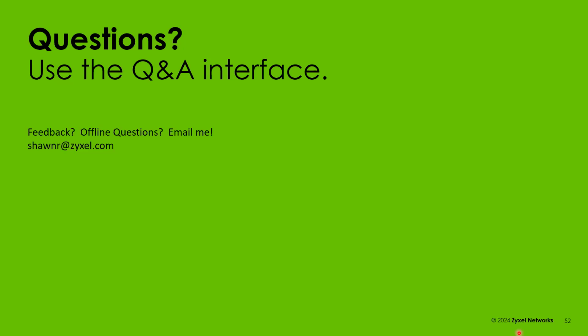I'll also just throw in here, while we're talking about it, the USG Flex H series. For those of you who don't know, the H series is our new, soon-to-be replacement for the USG Flex. Basically it's a new hardware platform that's faster, and a new software platform that's faster. Unfortunately, many of the features that are part of Nebula on the USG Flex are still missing from the USG Flex H series in Nebula.